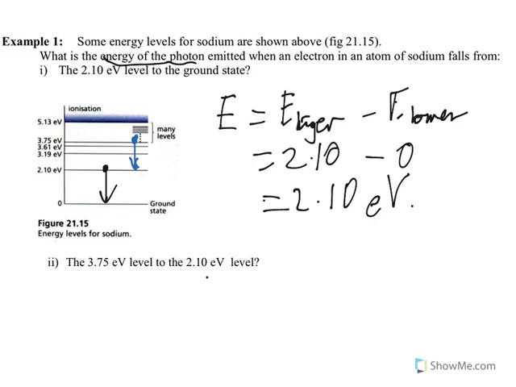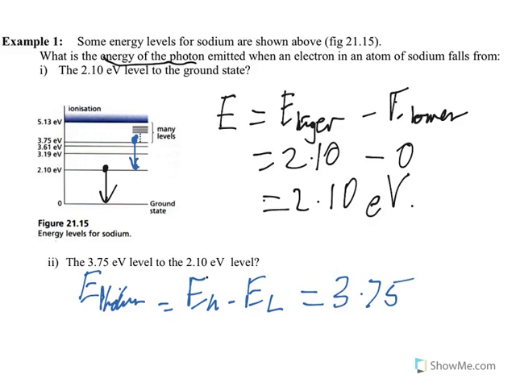So, again, if we're looking at the energy of our photon, it would be the energy of the higher minus the energy of the lower, which is 3.75 minus 2.10, and so that is 1.65 electron volts is the energy of that photon.